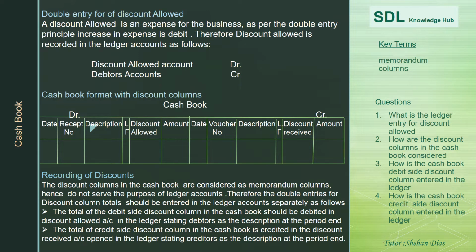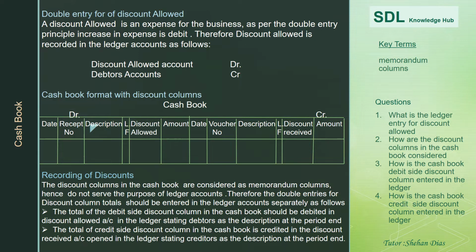At the end of the period, you need to take the totals of both discount allowed and discount received columns, and based on that total, do the double entry.